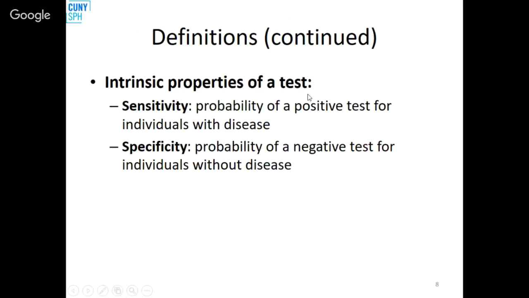Sensitivity being the probability of a positive test for individuals with disease, that is the accuracy or the percent of correct tests for those who do have the disease. And specificity is that accuracy for those who don't have the disease, the probability of a negative test for individuals without the disease.